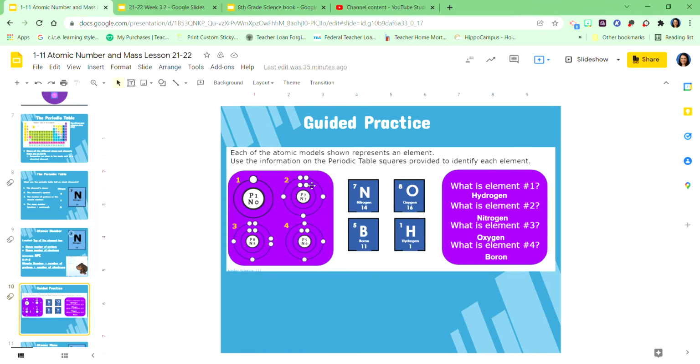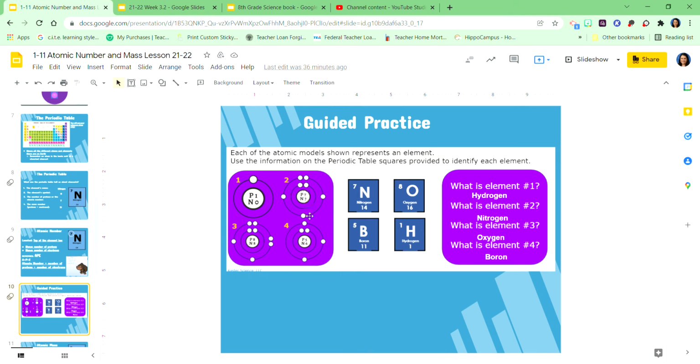So this is just a little practice. It's given each element box, and you have to match the element to this Bohr model. So number 1, it's telling us right here that there's 1 proton in the nucleus and 1 electron surrounding it. So that would have to be hydrogen. Hydrogen is 1.